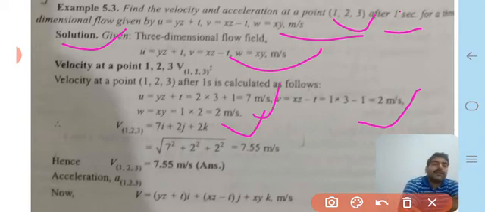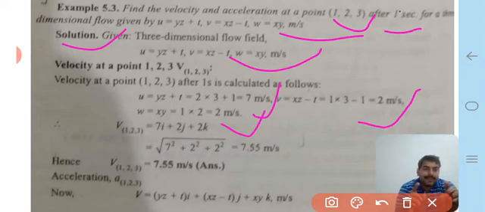Therefore the velocity at the point 1, 2, 3 is 7i plus 2j plus 2k.